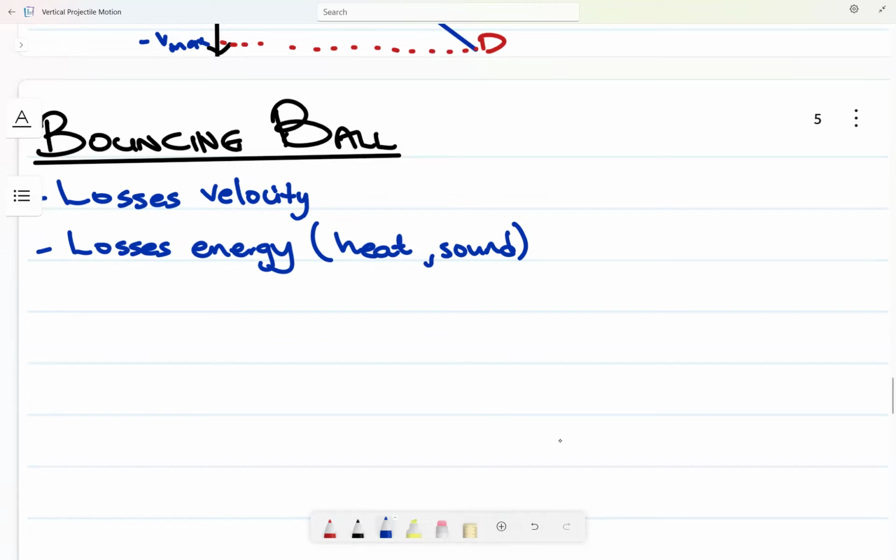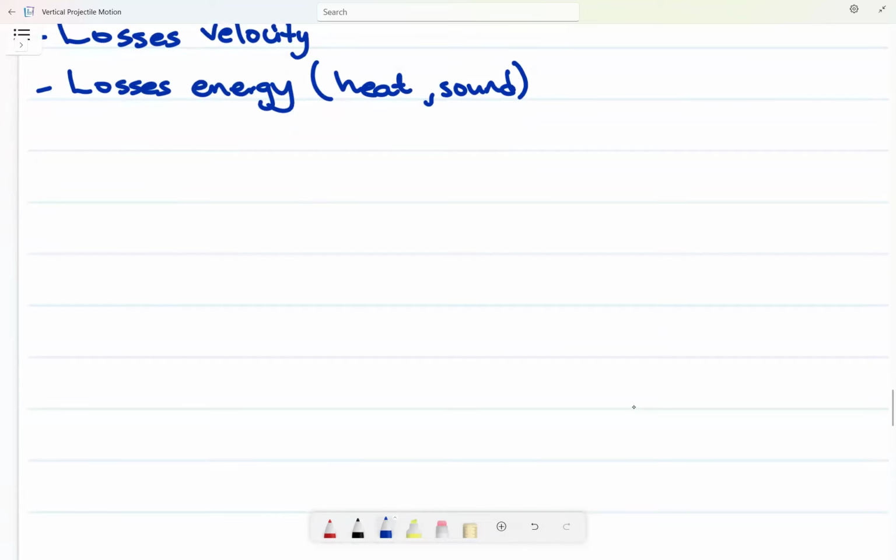Now let's consider the bouncing ball. Let's say we have a ball that is dropped from this height.